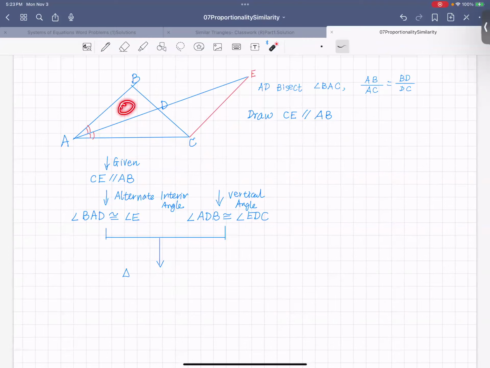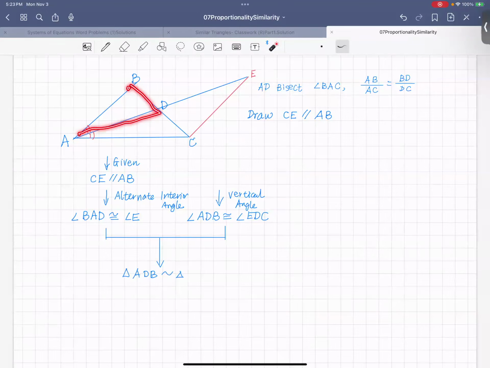Say it. Triangle ADB is similar to who? Similar to ADE. No, DCE, my bad.